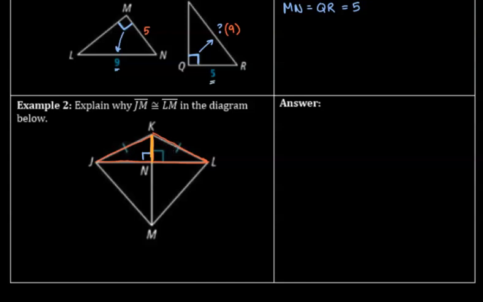So here's what I think I'm going to do. I'm going to say that segment JK is congruent to segment KL. That is given. And I'm going to say that segment KN is congruent to segment KN. It's congruent to itself, and that is by the reflexive property.